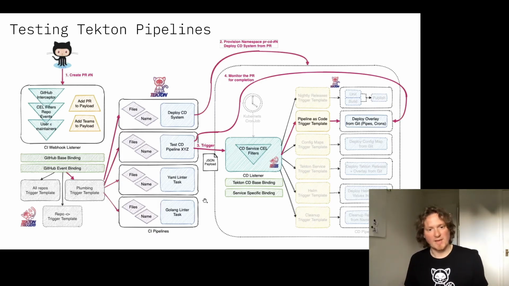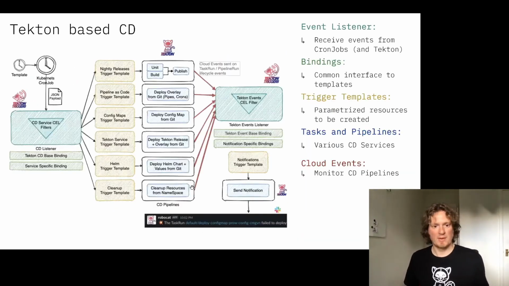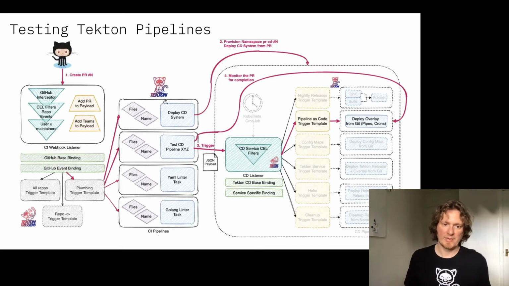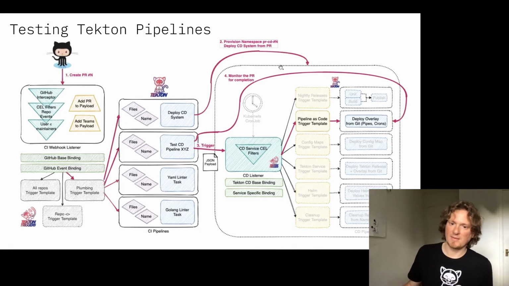And we have some CI pipelines that will do usual things like YAML linter, Golang linter, or building container images and so forth. But we have some additional ones here. So the top one, if it recognizes that the PR is about trying to change one of the CD pipelines, what it does, it creates a new namespace in the cluster, and it deploys a copy of the entire CD system in that namespace.